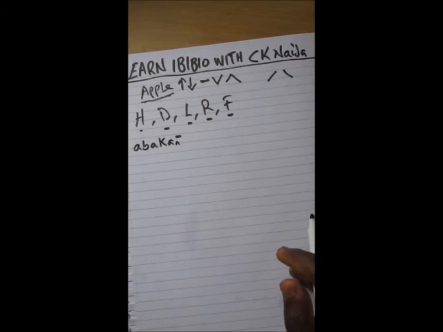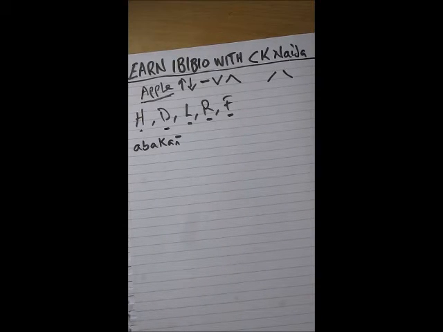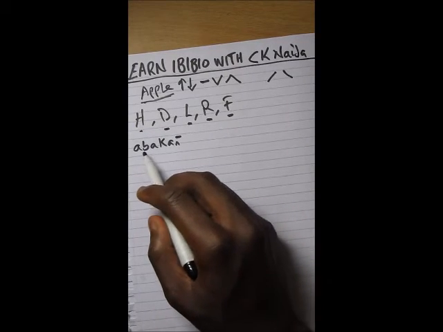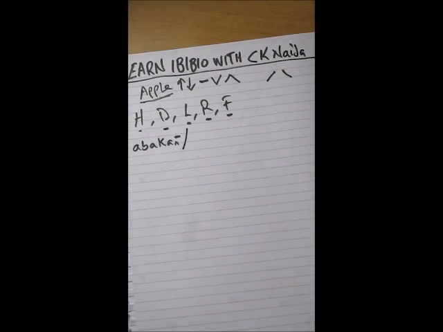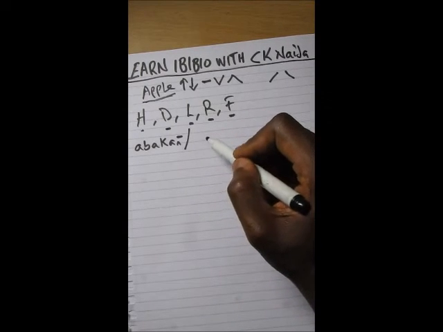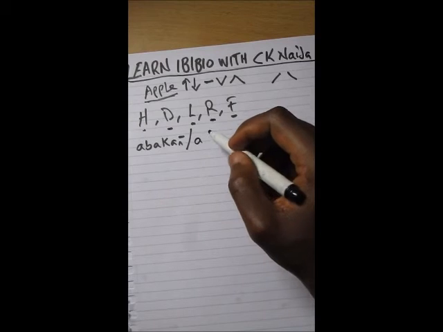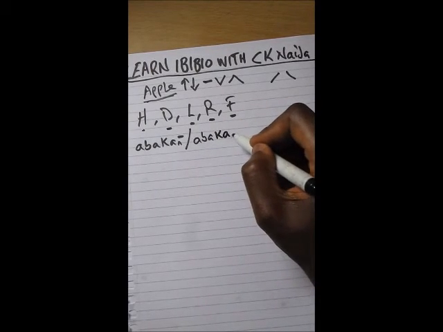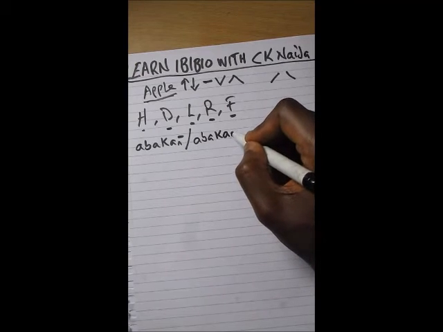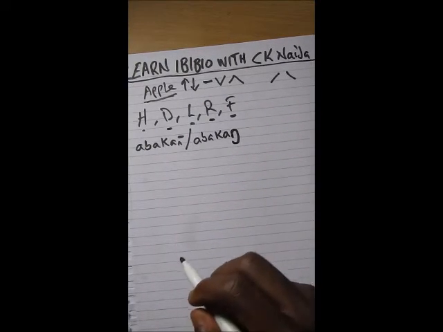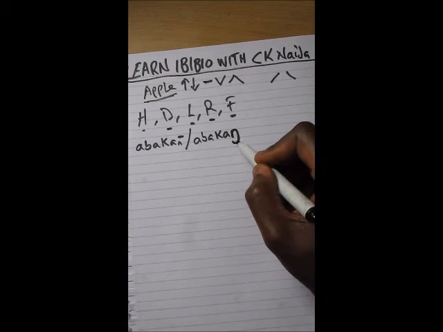But they also give you the orthography, I think it's pronounced, and there's a slash, and then it gives you the IPA way of spelling it, which is A-B-A, and there is a K-A-N, and the N has a sort of G thing attached to it, so that's like an N sound.